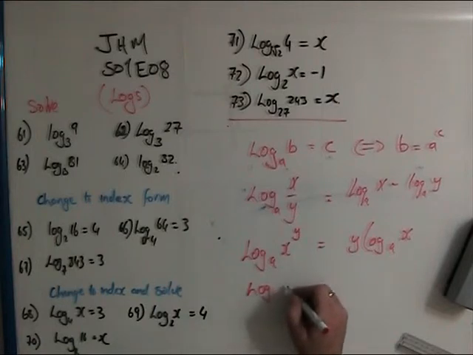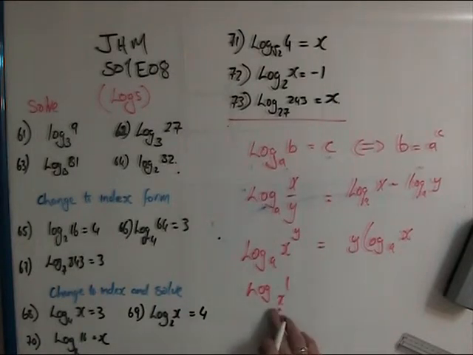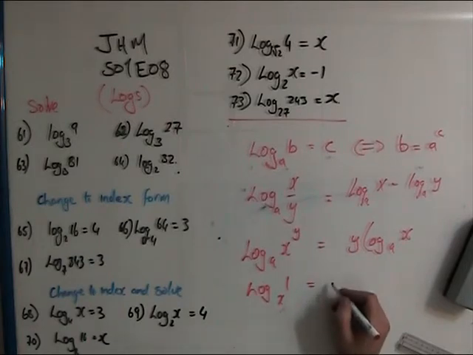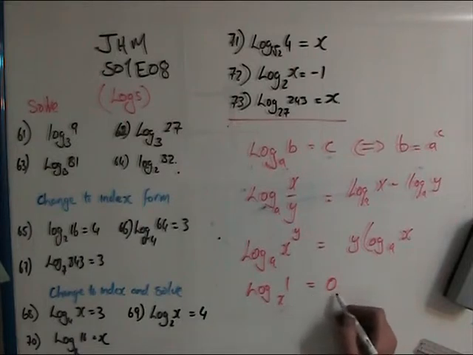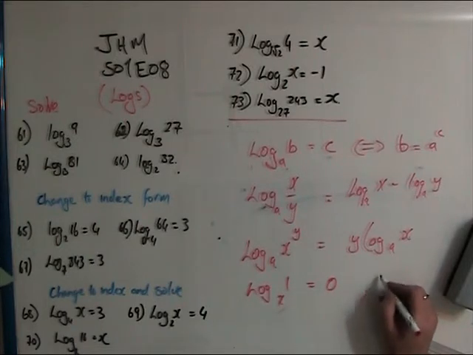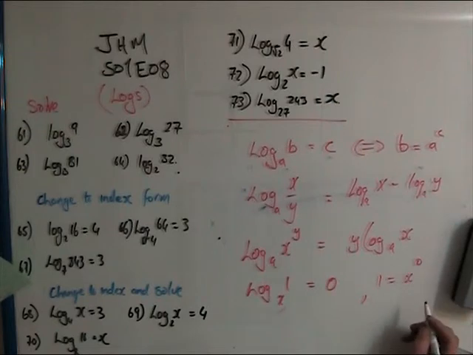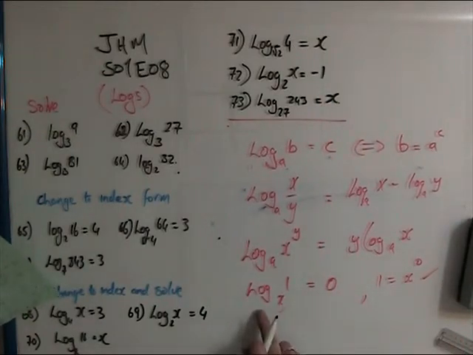Log of 1 to any base is equal to 0. Remember that: anything to the power of 0 is always equal to 1. So in other words, 1 is equal to x to the power of 0, and that is true. We know that through indices. So remember that: log of 1 to any base is equal to 0.